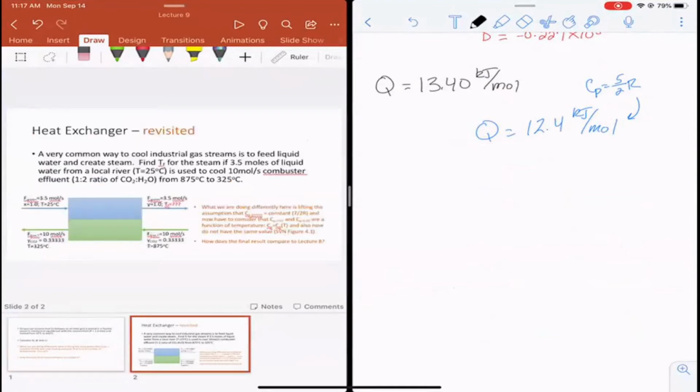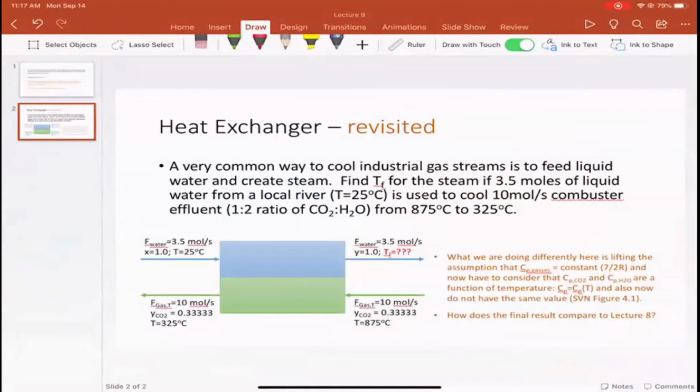And this is our heat exchanger example that we had in the last lecture, where we basically wanted to cool down this effluent from a combustor where we know that we had a 2-to-1 ratio of water and CO2, that's the green stream at the bottom, that we really just want to be able to expel to the atmosphere, or that we want to cool it down.